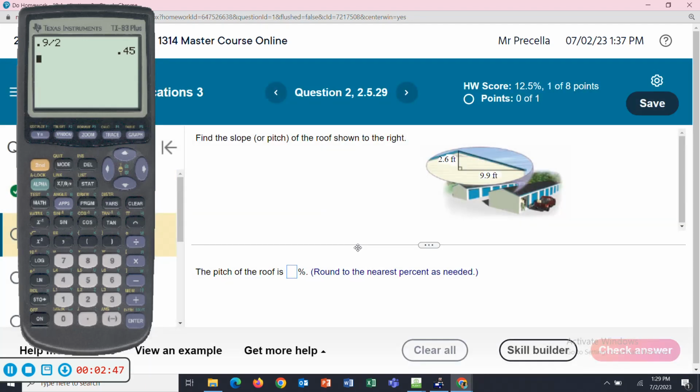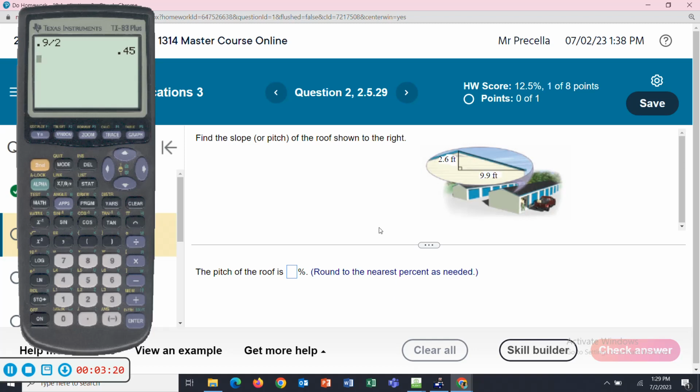So next question. Find the slope or pitch of the roof shown to the right. Well, I think that's pretty similar to what we just did, isn't it? Rise over run. So let me see. It's 2.6 over 9.9. 2.6 feet over 9.9 feet.